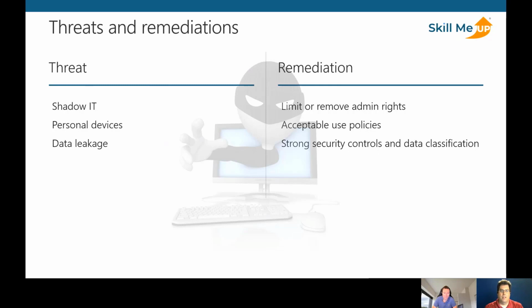The organization then needs to make sure that from an identity standpoint they're limiting or removing admin rights that aren't necessary, and that users only have access to the files and information that they need to perform their job and don't have any elevated privileges. That's really what we're going through and talking about today.